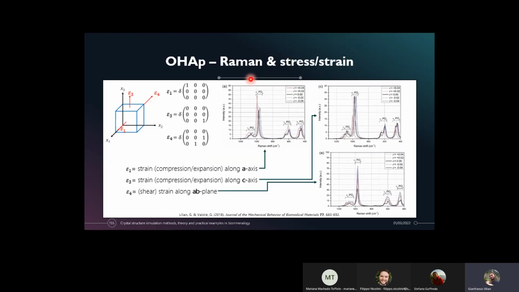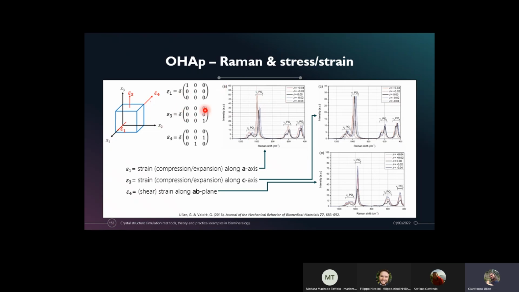Another interesting thing is that we calibrated the response of the Raman signal of hydroxyl apatite according to the different stressing conditions of the mineral, finding different modes.